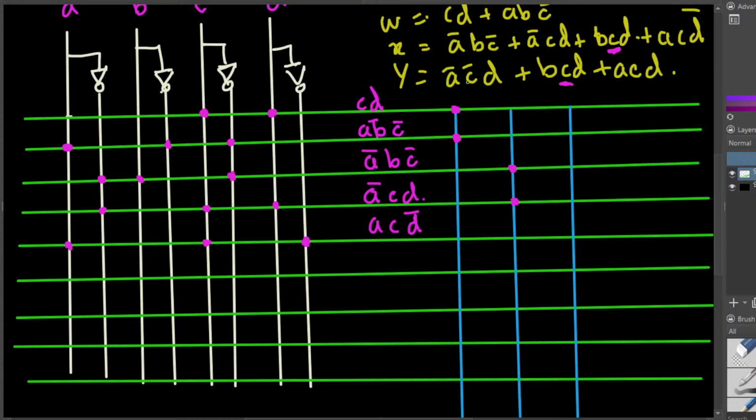That belongs to X. And last I'm going to write the BCD. Now B connected directly, C connected directly, and D connected directly, and these are common for two functions, that is X and Y. So you put a dot for X and the Y.